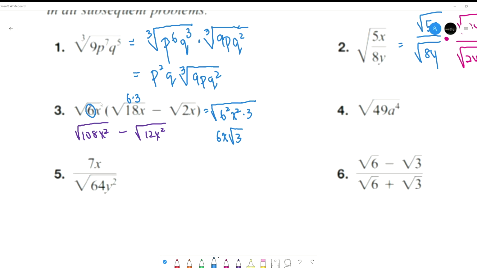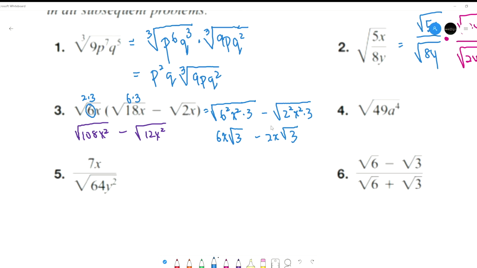And then for the second pair, when you do radical 6x times radical 2x, you can see that the 6 is actually a 2 times 3. So this is minus radical 2 squared x squared times 3. So this is the same as 2x radical 3. See, much easier in my opinion. I mean, not that 12x squared is hard to simplify, right?